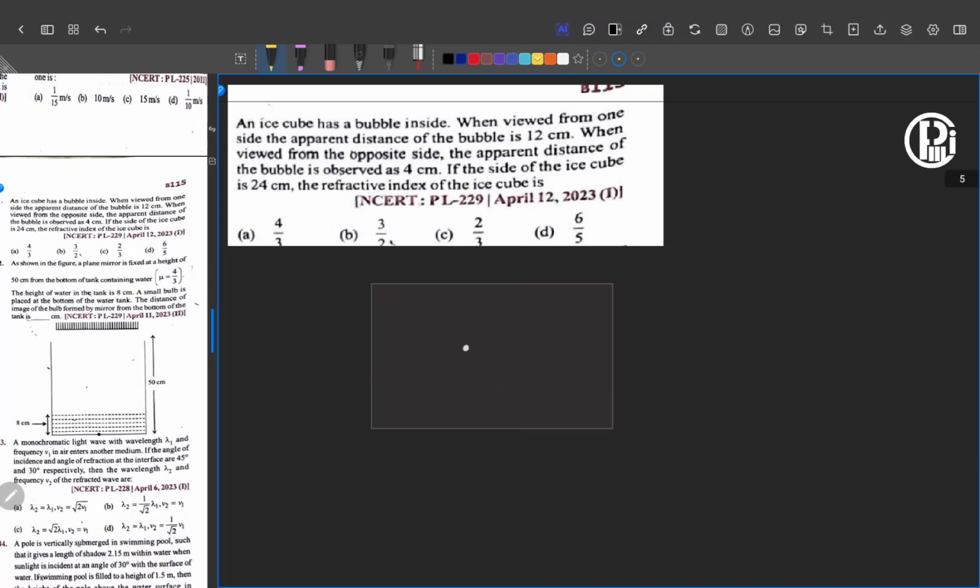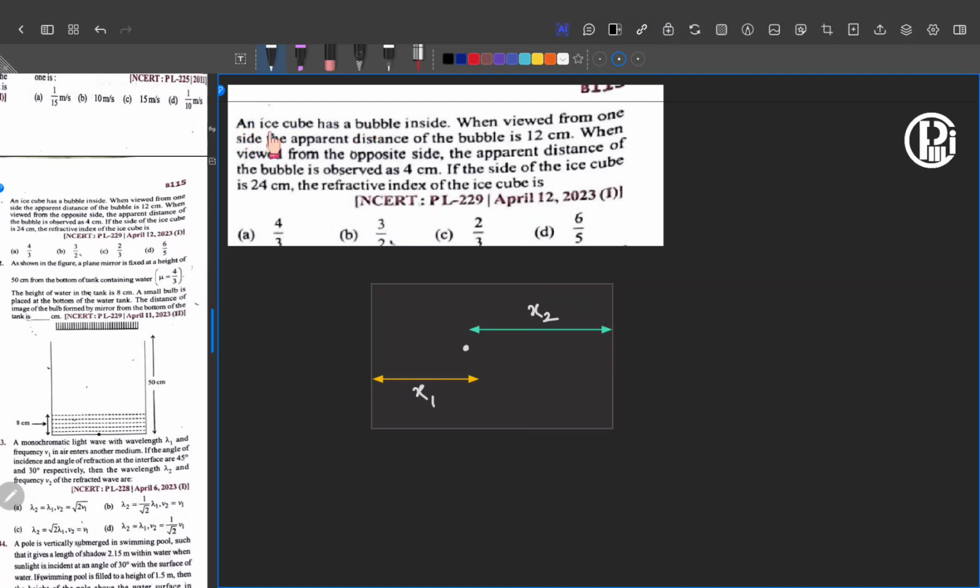So let's say from this interface, it is at an x1 distance, and from this interface, let's say it is at an x2 distance.